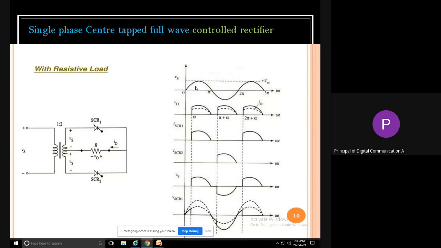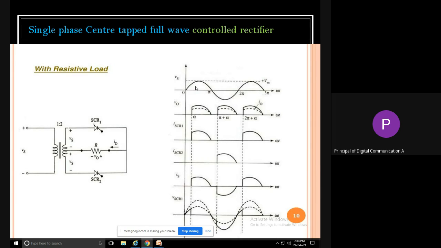The waveform across each element is shown here. Vs is the source voltage. Even though it is shown here as positive and negative, it is an AC source containing a positive half cycle and a negative half cycle.